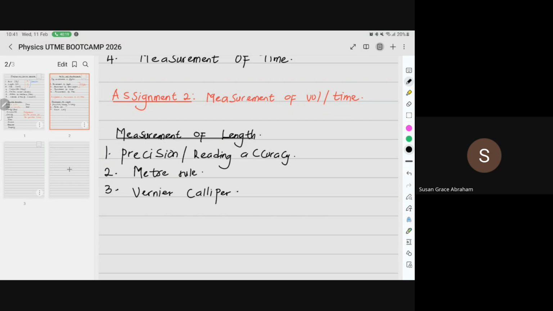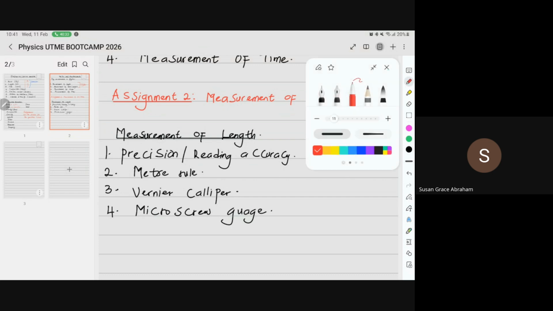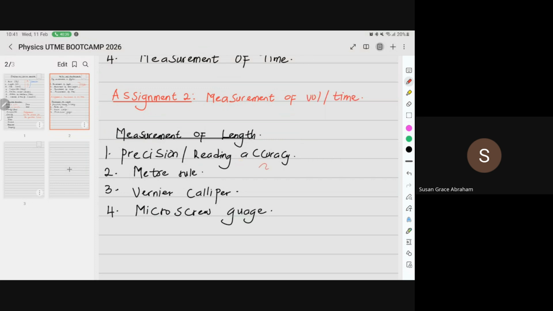Is it double L or 1 R? You consider that on yourself. So the next one is micro screw gauge. And these are the 3 key instruments for measurements.